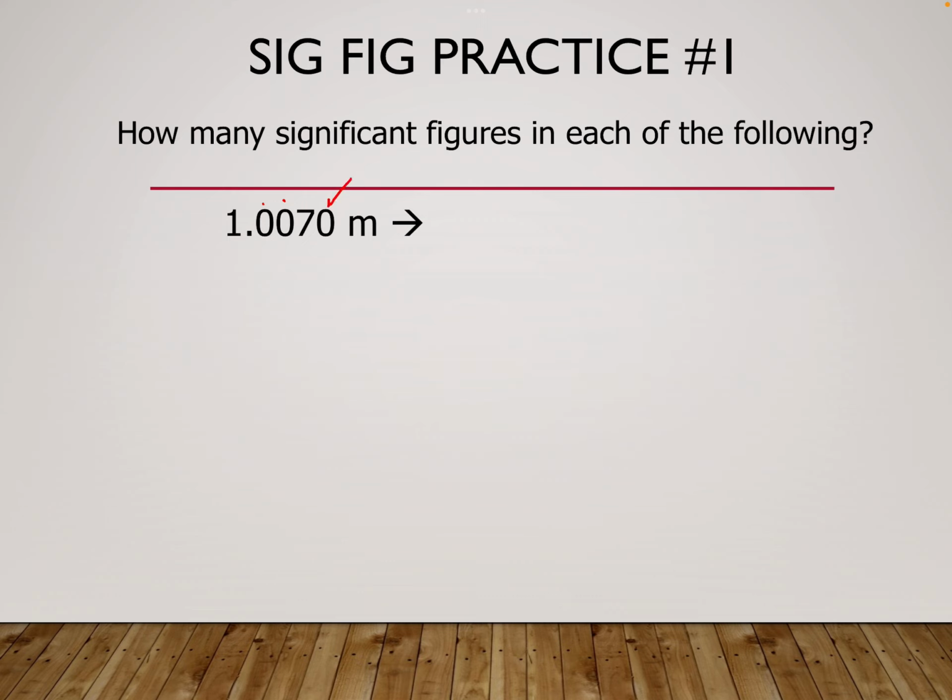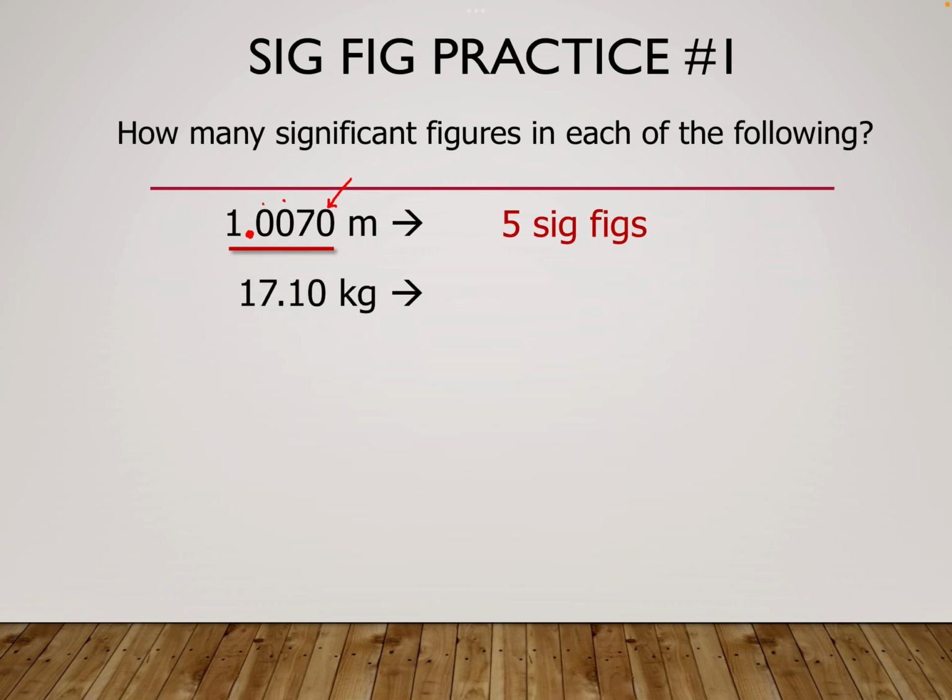The real question is, is this zero significant? It's a trailing zero. That's one where it's sometimes significant, sometimes not. Remember, trailing zeros are significant if there's a decimal point, which there is. So since there's a decimal point, this one is significant. So all 5 of those digits are significant. So there are 5 sig figs in this number.